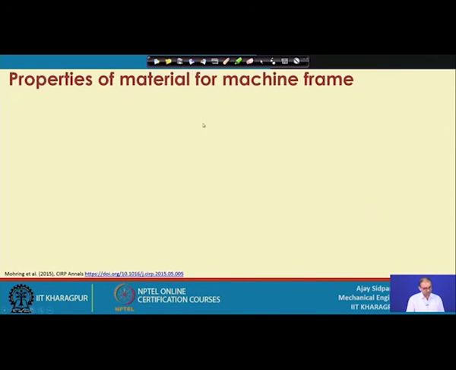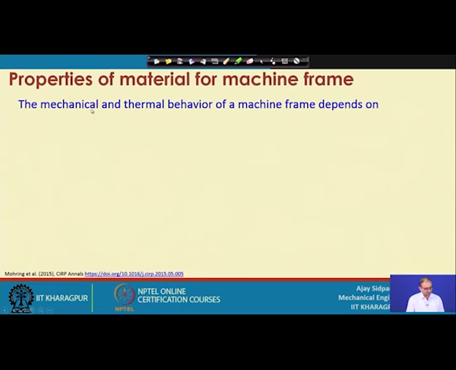What properties of material do you require for this? Thermal and mechanical behavior are more important. Mechanical behavior is important because we are encountering forces and deformation, and thermal behavior because temperature also plays an important role.